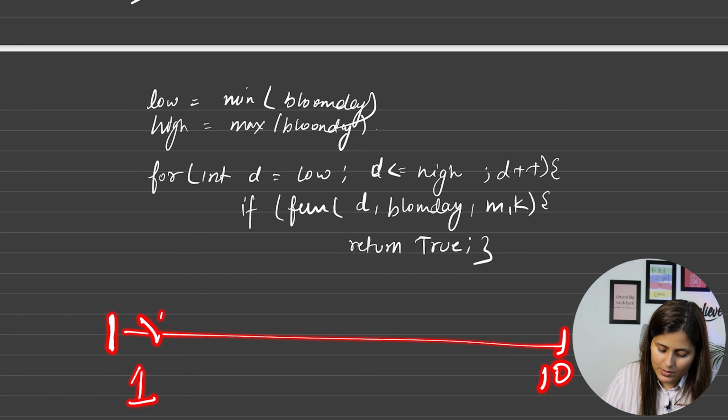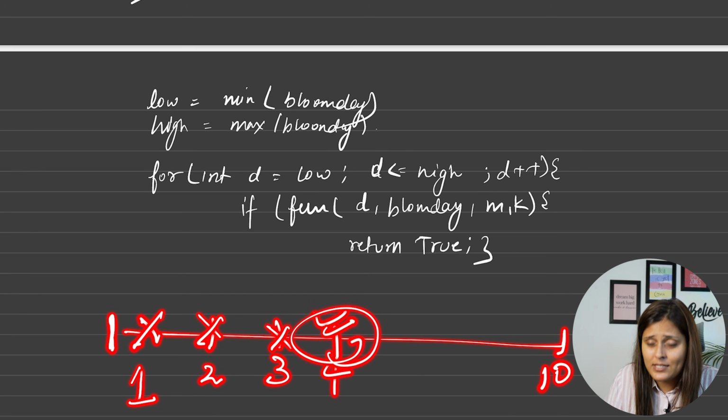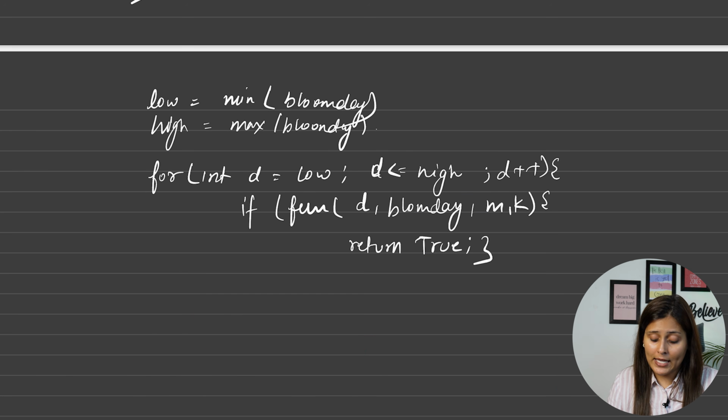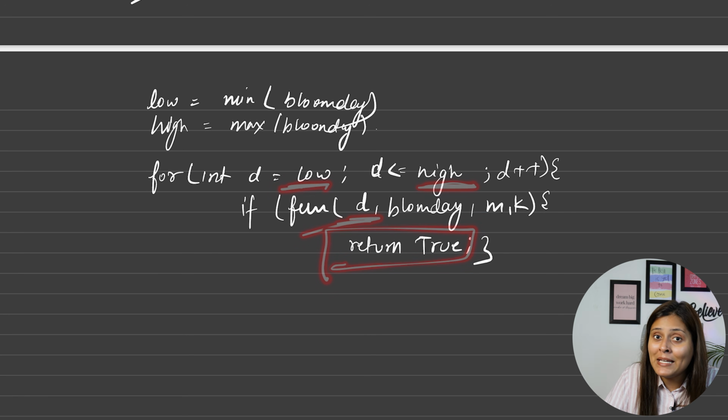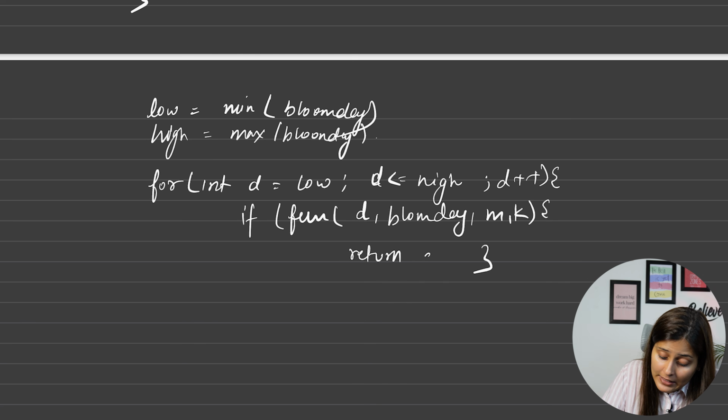With 1 it was not possible, with 2 not possible, with 3 not possible, suppose with 4 it was possible. So definitely this is my minimum answer itself. So when you are running from the lower value to the higher value, whatever d was possible first will be my minimum answer. So there I have to return what? The bloom day it is asking for, right? So I will return the d itself, because that's what it is expecting.